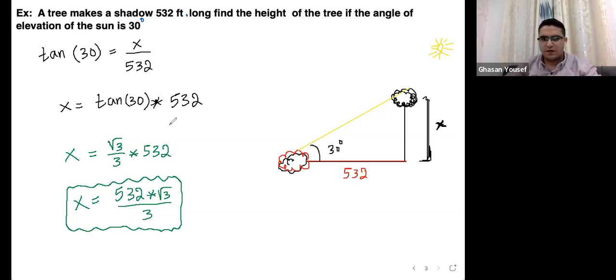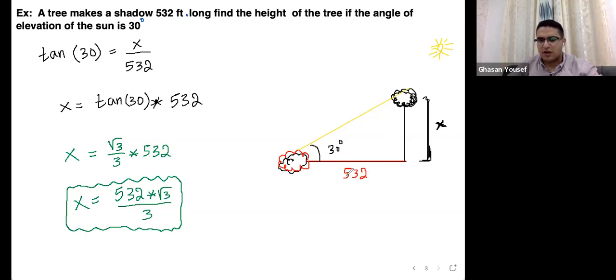So tomorrow, I mean Wednesday, maybe you can see a question like this. Find the length of a tree, if I give you the shadow like this and the angle like this. Maybe I will give you the angle 60, not 30, or the angle 45, for example.